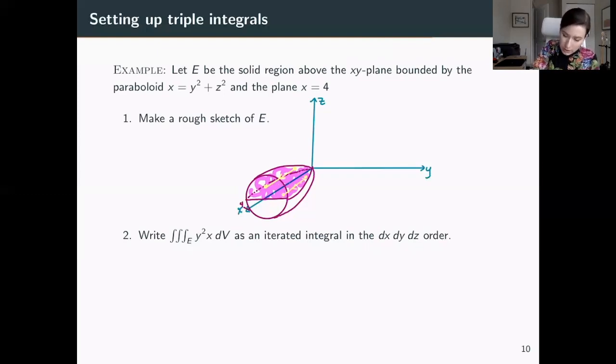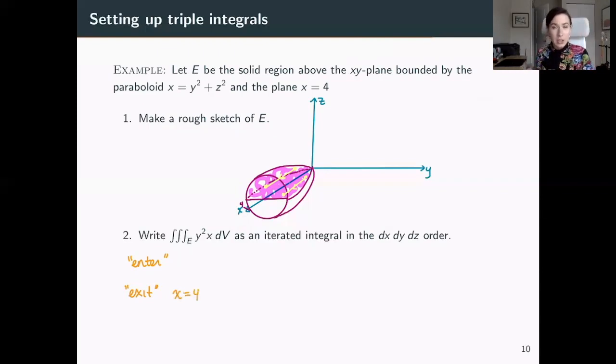So if we want to set up where we are entering and exiting, I think the easier one here is to see that when I come through this surface, I'm always going to exit when my x value is equal to 4. So we can always exit when x is equal to 4.